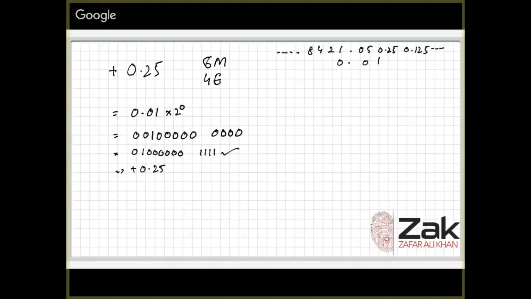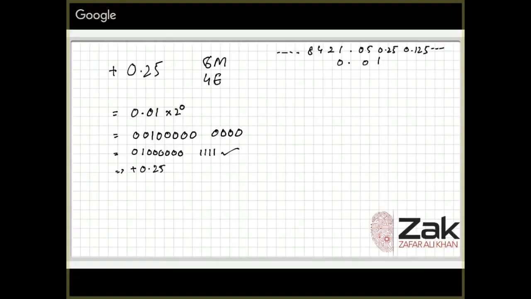You get that? So whenever you have a decimal number which is in fractions and there is no whole part to it, the floating point that you get would mostly be non-normalized.